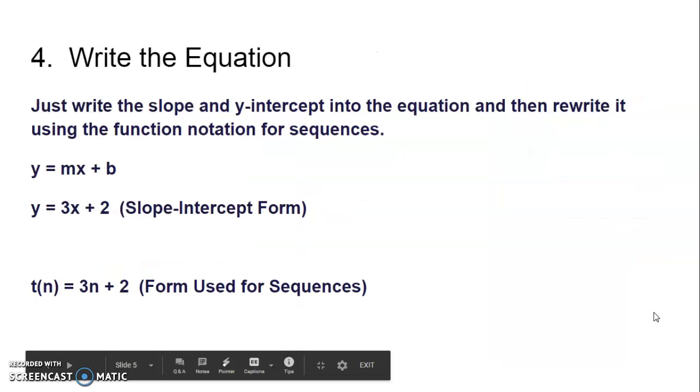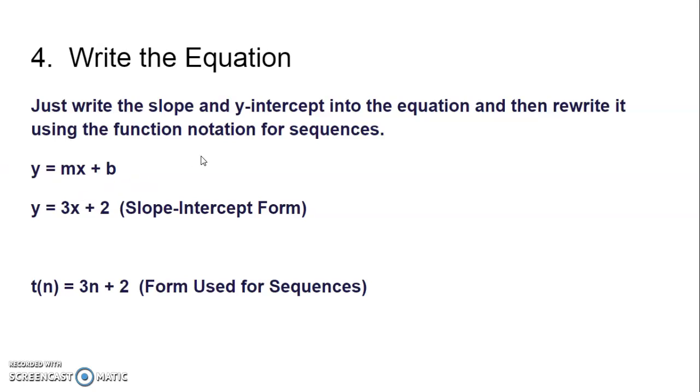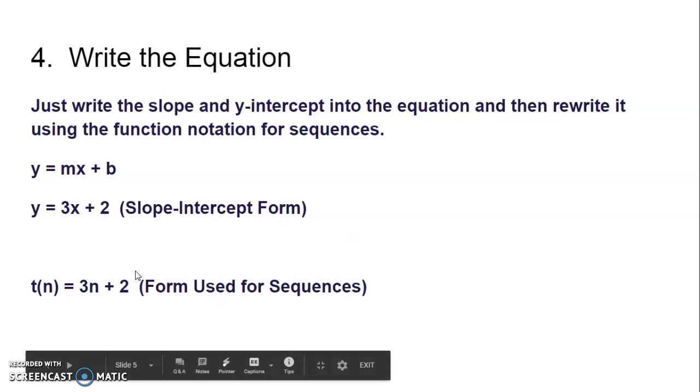All right, last step. Take the format for the slope-intercept method, and plug in the slope and the y-intercept. We have the slope as 3 and the y-intercept as 2. So our equation for this line is y equals 3x plus 2. Take a look at how similar this is.